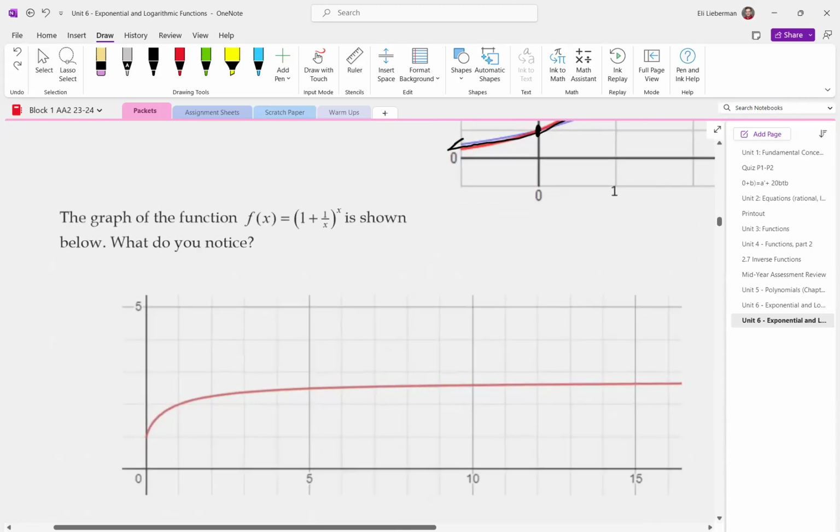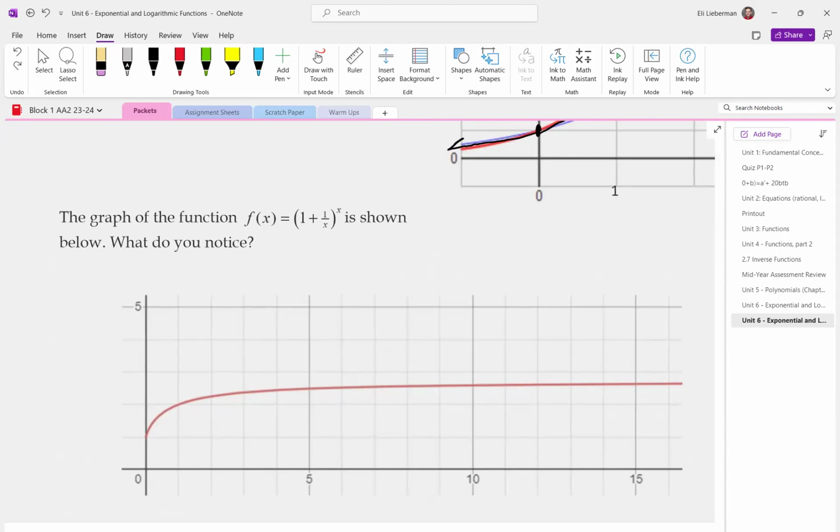Okay, so here is a graph of a function, (1 + 1/x)^x. What do we notice? Plateau. Plateaus where? At e.